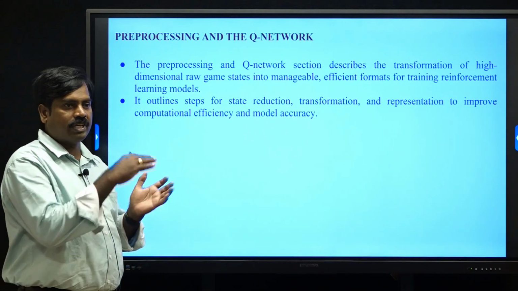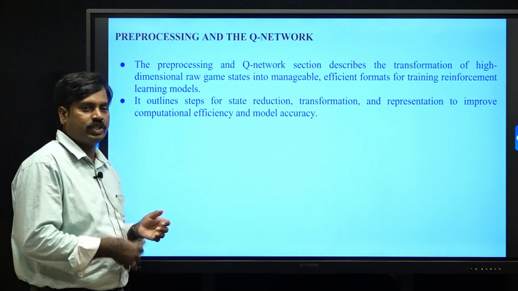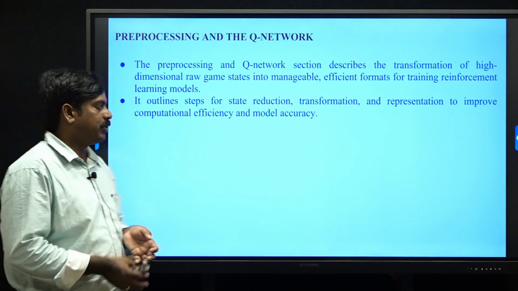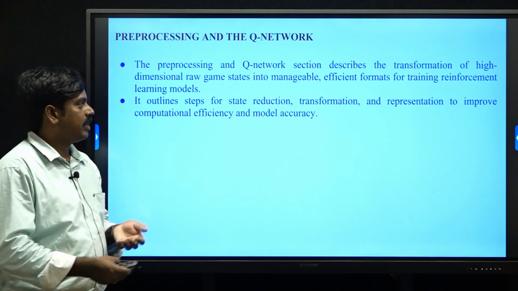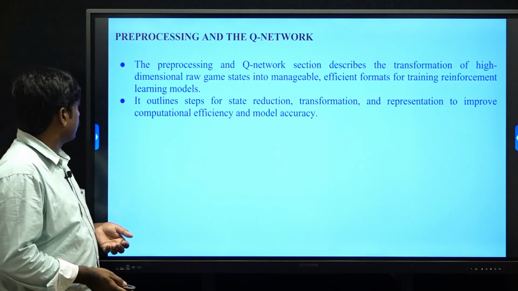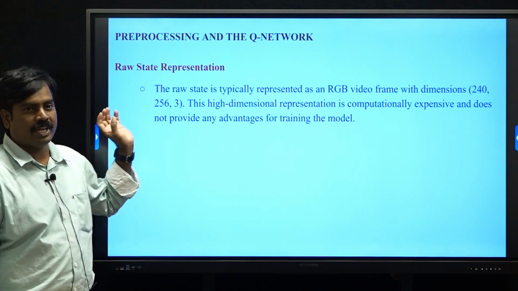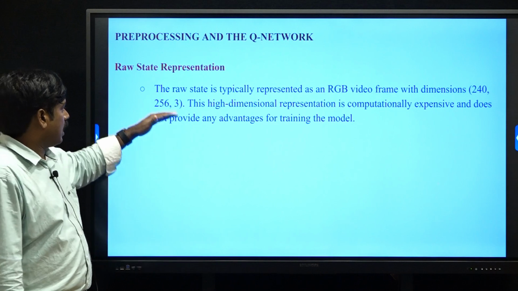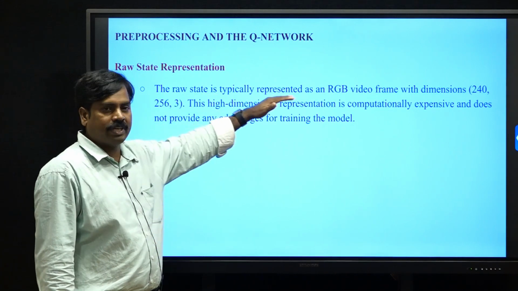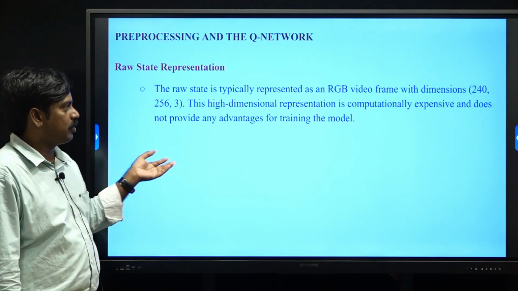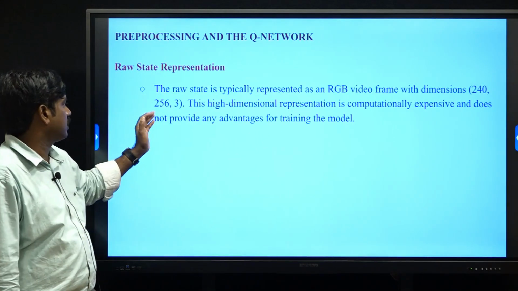So, we transform the high-dimensional raw game states into lower dimensions in order to reduce the computational overheads. Generally, raw states are the game environment's video frames. The raw state is typically represented as an RGB video frame with the dimensions, for the Super Mario game, of 240, 256 and 3.